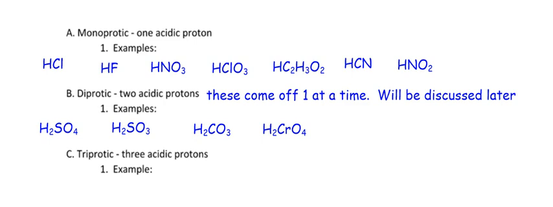Chromic acid. Here's one you may or may not remember. If you said oxalic acid, you get the gold star, all right? And honestly, there's probably only one good triprotic acid. It would be this one. And what is H3PO4? Phosphoric acid, all right?